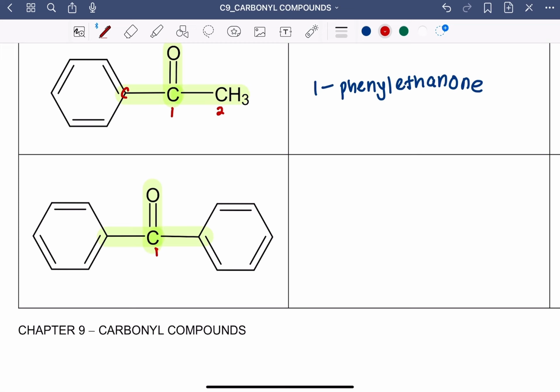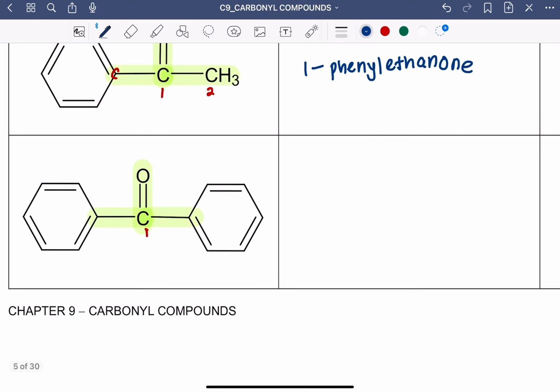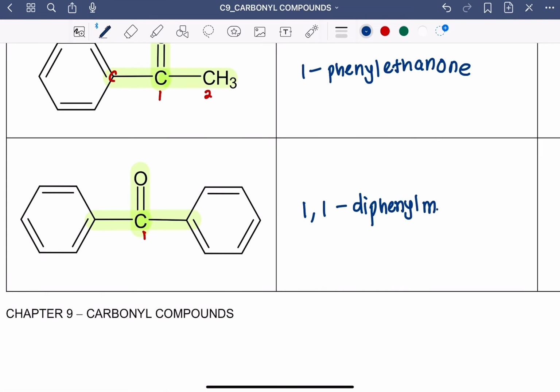Okay, we are going to name it as 1,1-diphenyl, because we only have 1 carbon, so we will name it methanone. So I was wrong. Methanone exists. But methanone exists because of this kind of structure. Okay? So 1,1-diphenyl methanone.